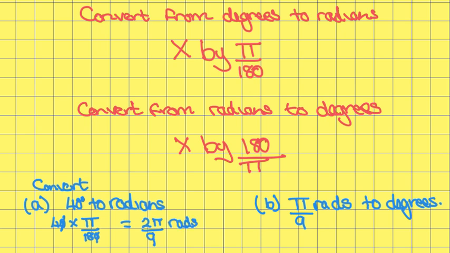And B, convert pi over 9 radians to degrees. So we take pi over 9 and we're going to multiply it by 180 over pi. Well, the pi's cancel, so I'm left with 180 over 9, which is equal to 20 degrees.